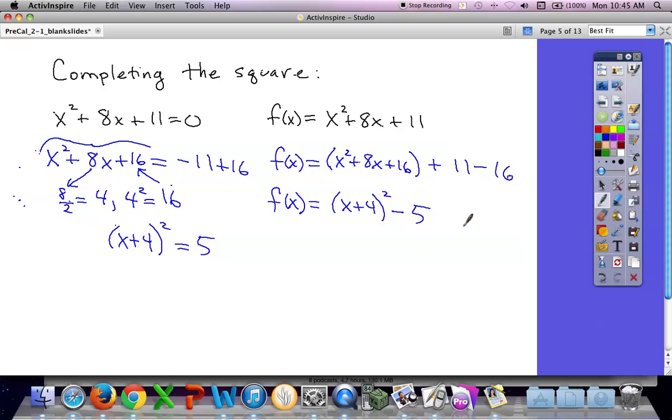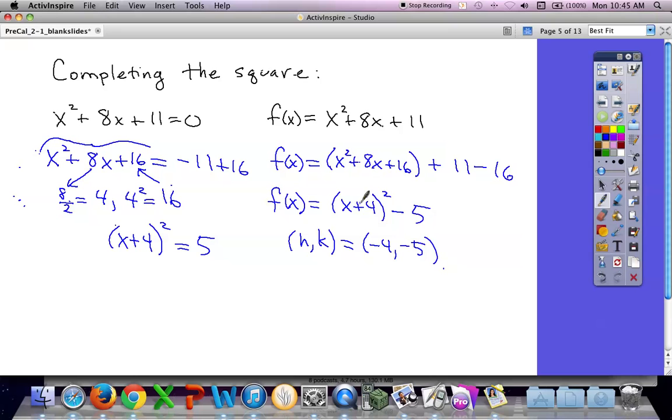So by completing the square, we put it into the standard form. So you could think of this again as a transformation. This is the common function that's been shifted 4 left and 5 down. This is the standard form, which means these are the coordinates of the vertex, which are h, k is -4, -5.